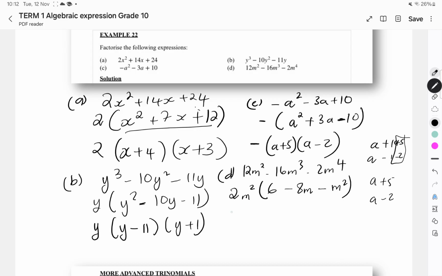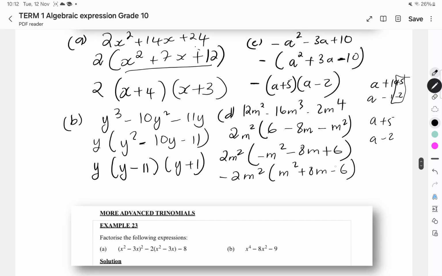Okay, so it's minus m squared minus 8m plus 6, right? Now I can take minus out as a common factor again. I'll have m squared plus 8m minus 6. Good. Now factors of 6 that can give me 8.